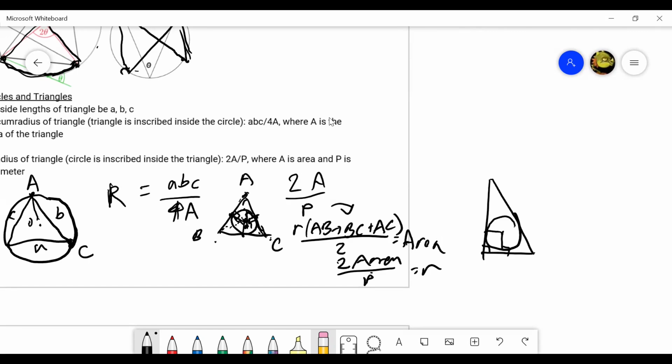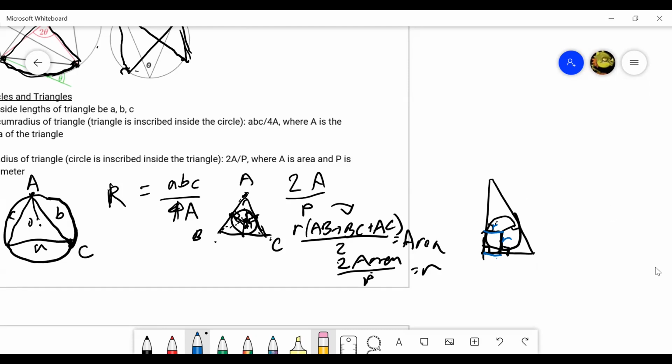It has this cool property that, for one, it forms a square right here because you have a right angle and this is a right angle. So these are parallel, and this top part and this bottom part are also parallel, and everything's a right angle. And you also know that this is R and this is R, which means that this is a square.